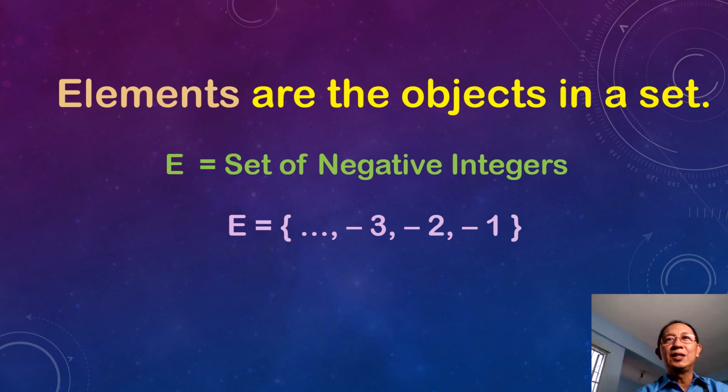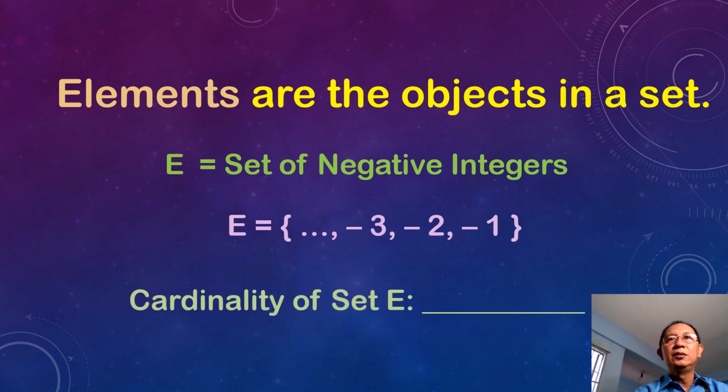This ellipsis means continuously. So dot dot dot, then -3, -2, -1. That means before -3, there are an infinite number of negative integers. So the cardinality of set E, we cannot count the number of elements. So set E is an example of an infinite set because we cannot determine exactly the cardinality of the set.